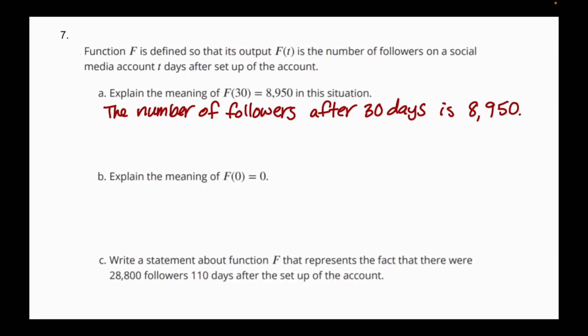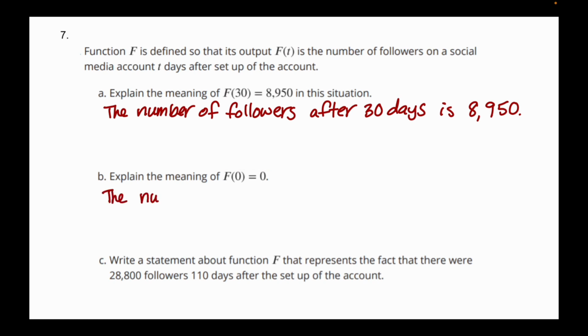Explain the meaning of f of 0 equals 0. Well, we're going to translate this the same way. The number of followers after 0 days, meaning the day it gets set up, is 0. So that's your original amount of followers.